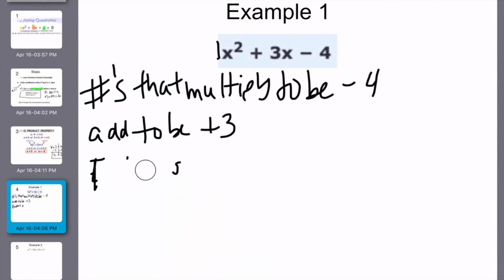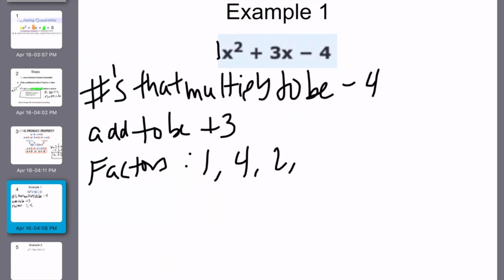That is just terrible. I'm going to rewrite that. I need to know the factors of negative 4 here. What can I multiply to be 4? So my factors could be 1 and 4, 2 and 2. And if I need to get negative 4, any one of these could be a negative number.